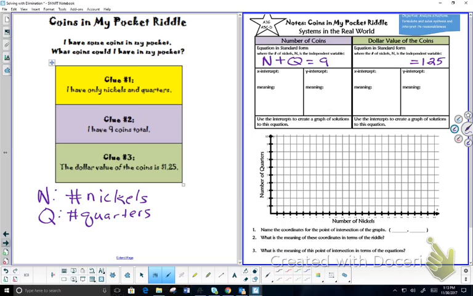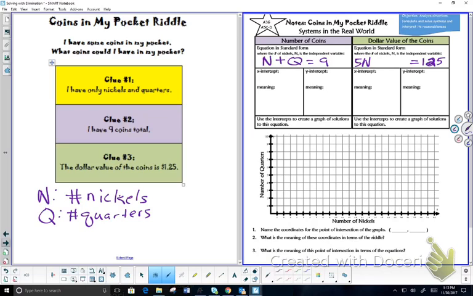So we could take 5 cents times our number of nickels, but that means we're dealing with decimals. Do you want to deal with decimals? No. So if every nickel is worth 5 cents, what do I need to do to this $1.25? Couldn't I just make it so many cents? How many cents would that be? 125 cents. That makes it a whole lot easier, right?